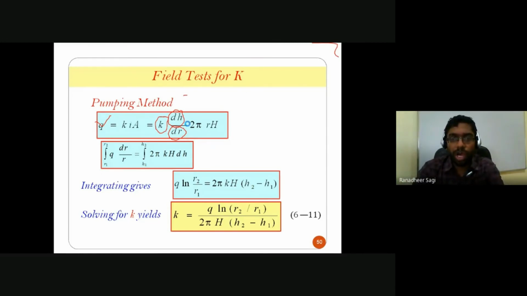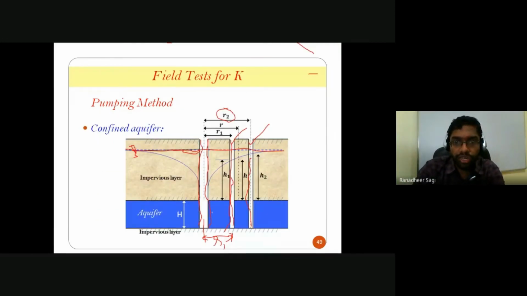For some small radial variation dr, I'm just looking from one point to the other point in the radial direction. For this small dr distance, the head level, from this particular point to this particular point, this head drop between these two points is what I am writing here as dh.